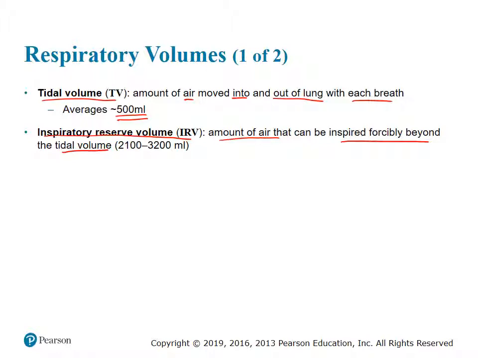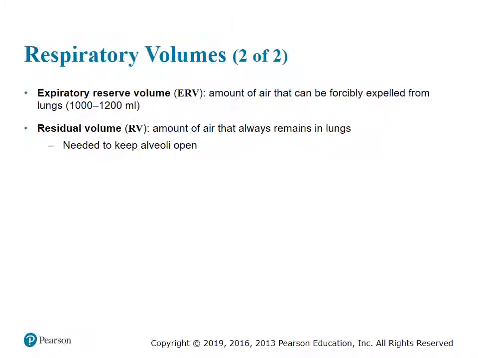If you normally breathe in and then out, that's your tidal volume. But if you breathe in and continue until you can't hold any more air, that's IRV, which is about 2,100 to 3,200 milliliters past the 500 milliliters.